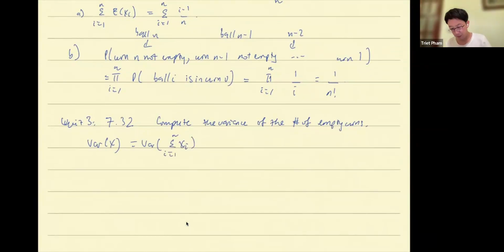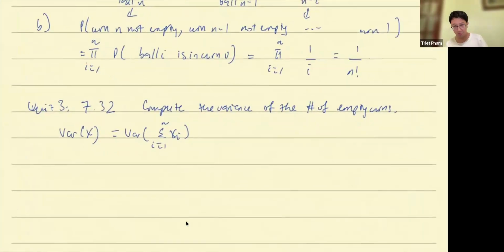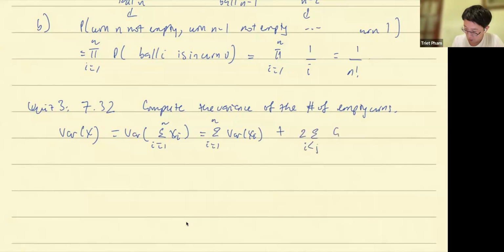And this is a classic problem where there's nothing much you can do besides using the variance-covariance formula, meaning that this is the sum of the variances of Xi, plus twice the sum over i less than j of the covariance of Xi and Xj. And then you just have to compute each of the terms here.